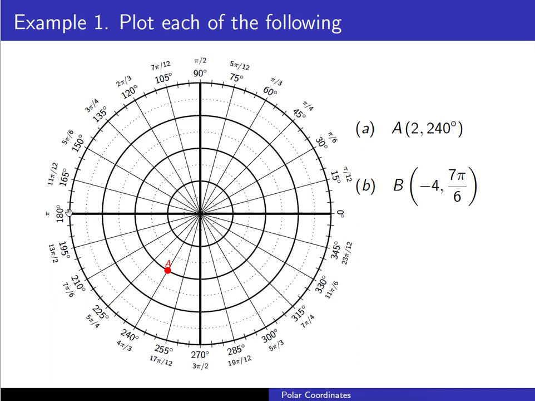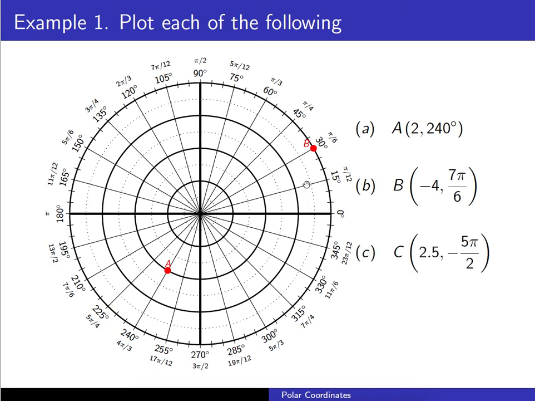So we rotate 210 degrees to the left. Let's say we got 90, 180, and now we need another 30 degrees to get to 210. So we should be right about here for point B, and that's where we are. I usually count by 90. In this particular grid, each of these spokes represents 15 degrees, so you can use that to help you.